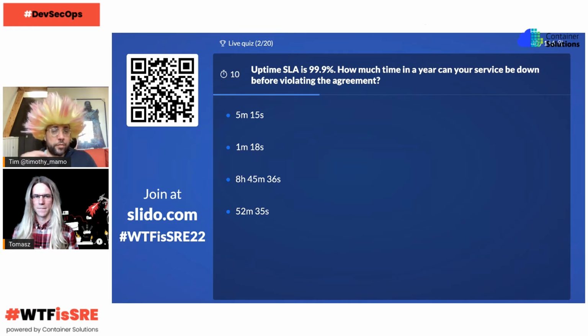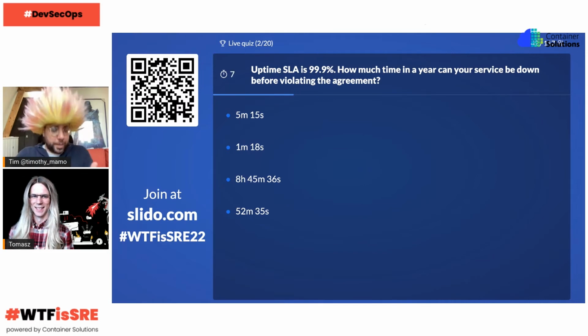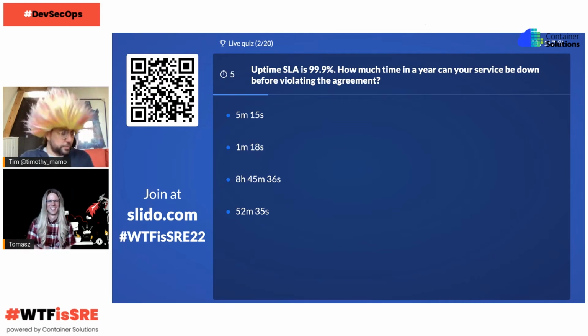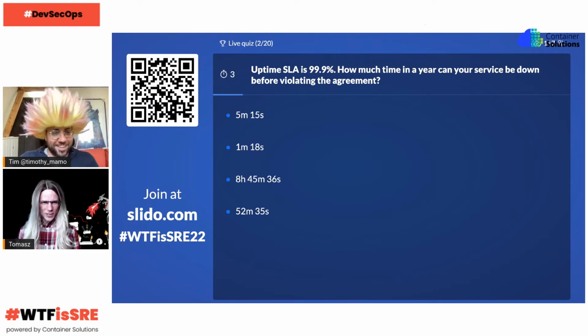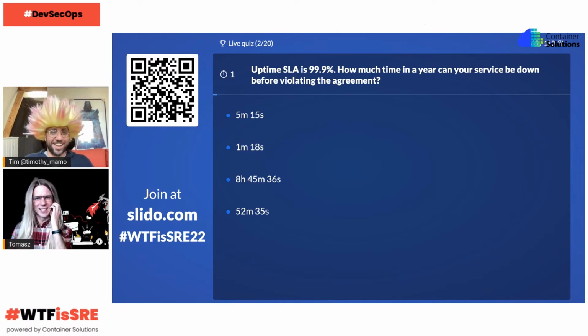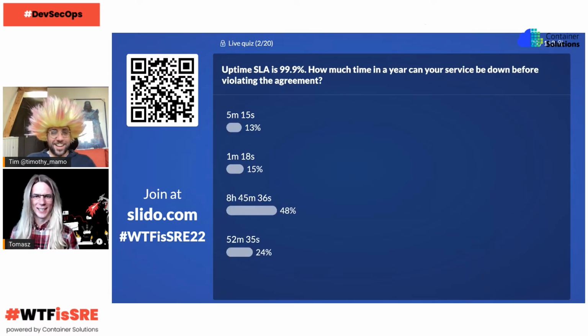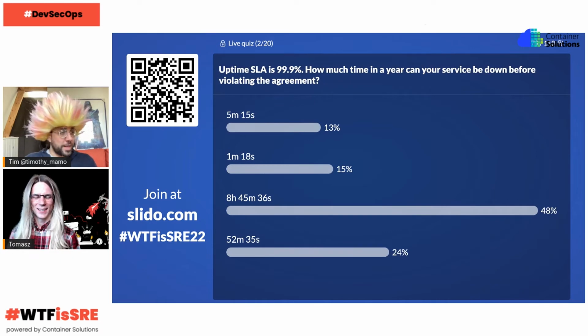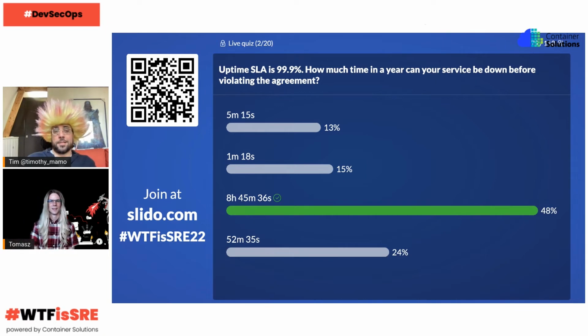I feel like this is where everybody is getting their calculator out, going, okay, 99%, 365 days. How to calculate it, what 3 nines really is, and so on. Oh, and we've got a spread. Majority on the 8 hours. So 99.9% availability means you can go down for 8 hours, 45 minutes, and 36 seconds.